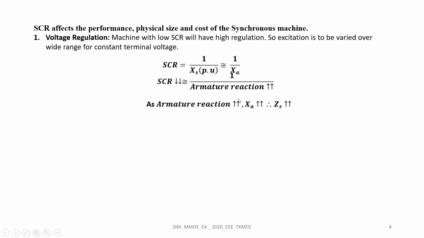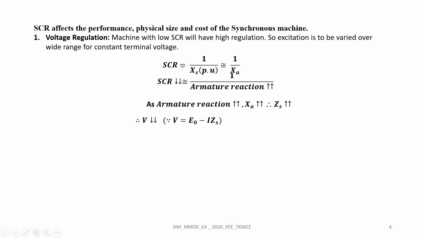As armature reaction effect is more, synchronous impedance will be more. So as Zs is more, we know the equation for the terminal voltage as E0 minus I into Zs. As Zs is more, the deviation between V and E0 will be more. As E0 minus V is more, voltage regulation will be more.